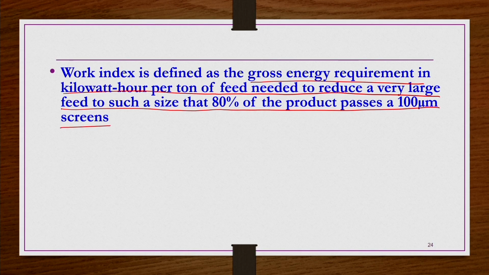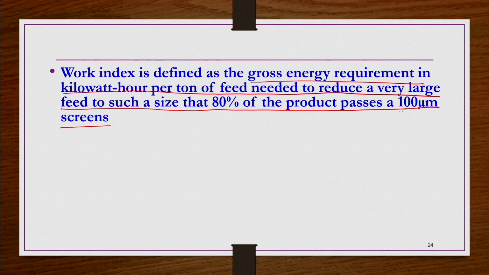So, this work index Wi is nothing but P by m dot for a case where large size particles are crushed in such a way that 80% of the product passes through a 100 micron screen. So, that is dp is going to be 100 microns.